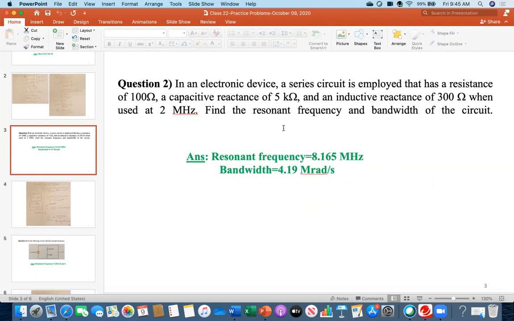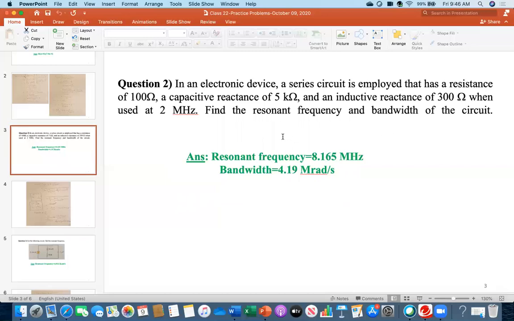Everybody, first, did you calculate the value of capacitor and inductor from this information? I said, what is the value of C, the capacitor, and the inductance L?